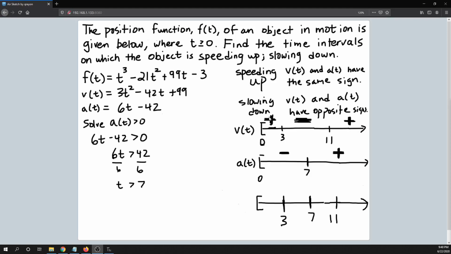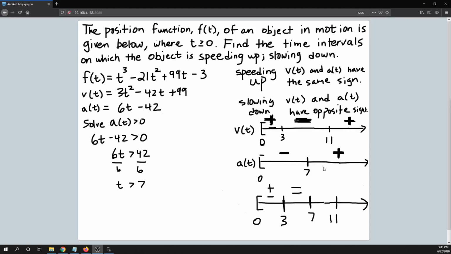And then what I like to do is to bring the signs down, both signs. So on this interval from 0 to 3, I'm going to have a plus on top, and then a minus. And then between 3 and 7, you can look, I'll have 2 minuses. There's a minus for velocity, and there's a minus on the sign diagram for acceleration. So minus, minus.